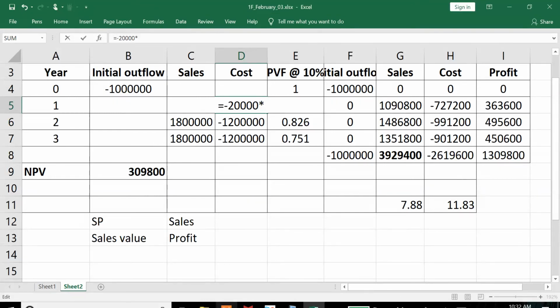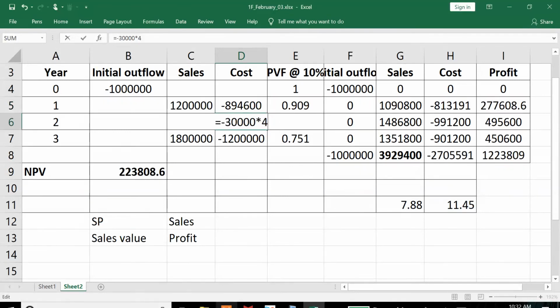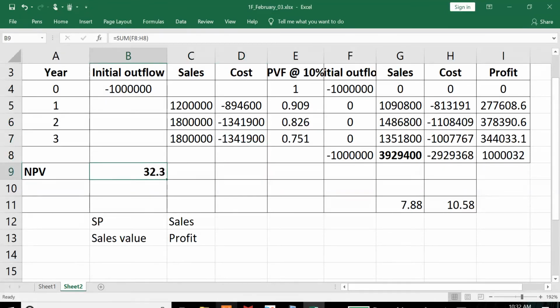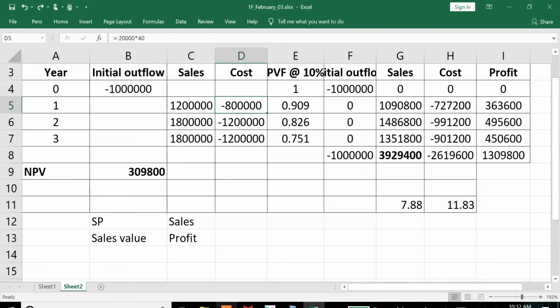How much? 44.73. Okay. So if we take 44.73, we get again 0 NPV. Any doubts on 44.73? See, the thing is, if cost price increases, it will impact only that. If selling price changes, it will impact only that.